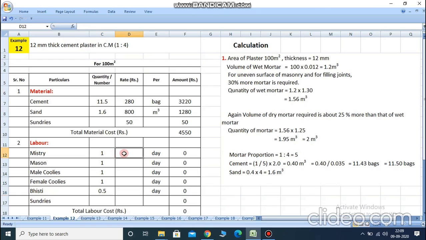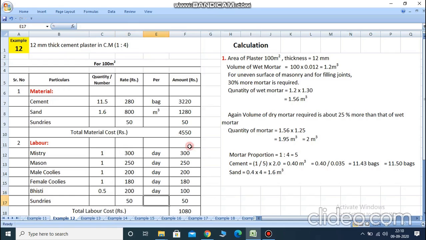Now the mistri rate per day is 300 rupees. Then the mason rate is 250 rupees. Then the male pulley is 200 rupees, and 180 rupees per day is the female pulley rate, and the bistri rate is 200 rupees, and we take the extra cost as 50 rupees.